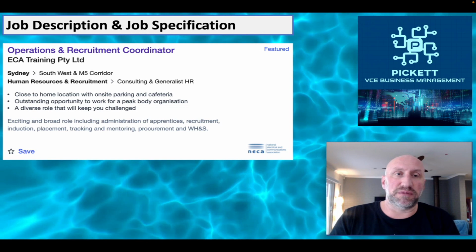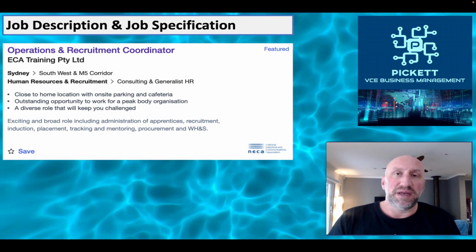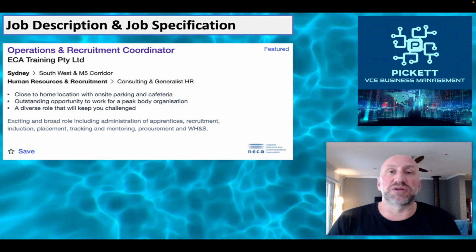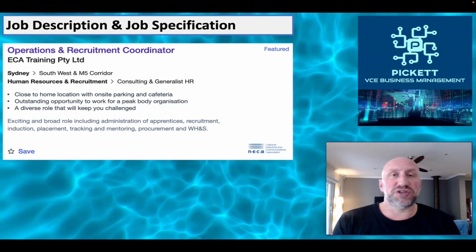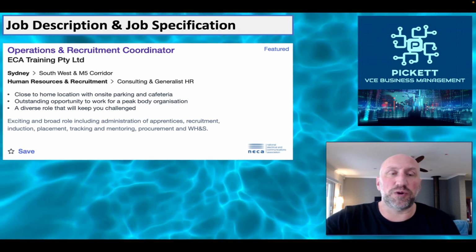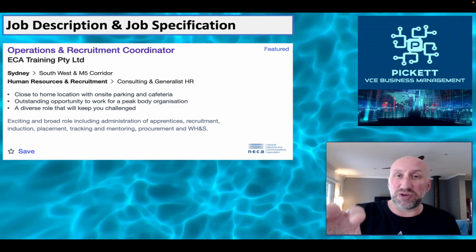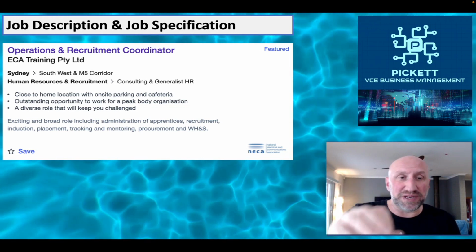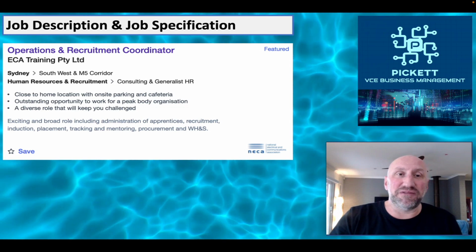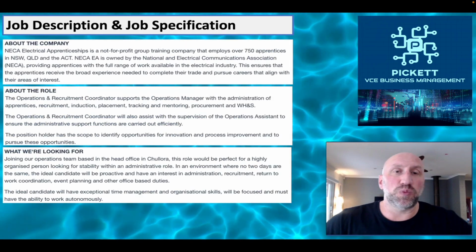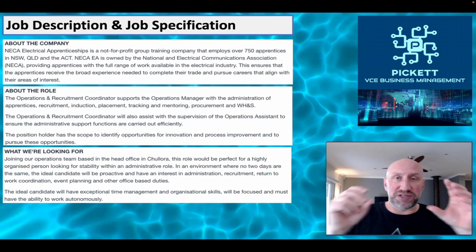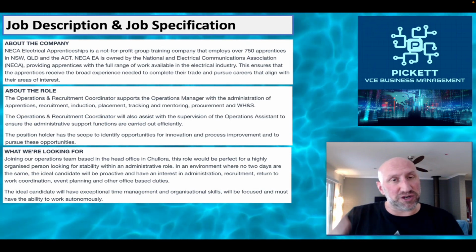So let's show you a couple of examples of that. I just went into Seek the other day and did a bit of a random search on a couple of different jobs. This one, an operations and recruitment coordinator. So that's what, if you clicked on the actual ad, you would have got into here. And if you click in further, this is what the job looked like. So think back to what I just said about that structure.